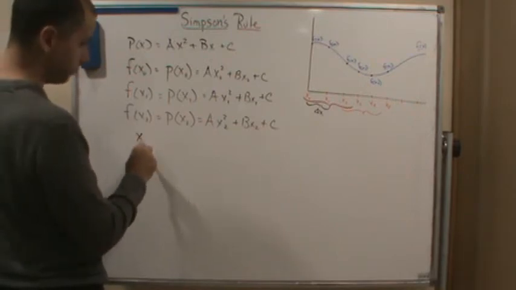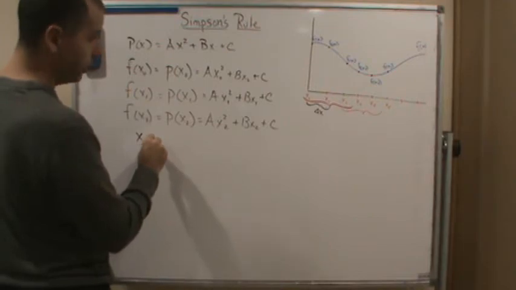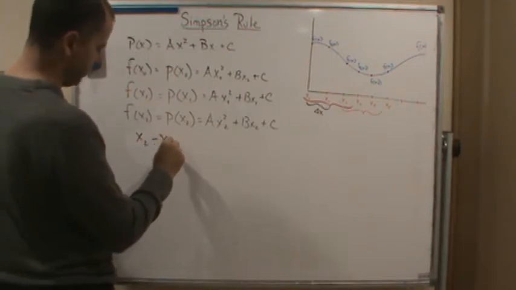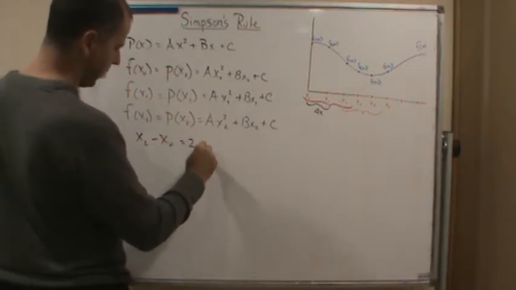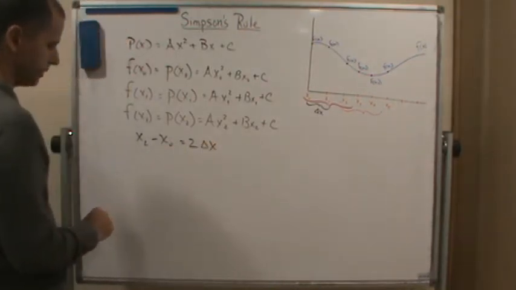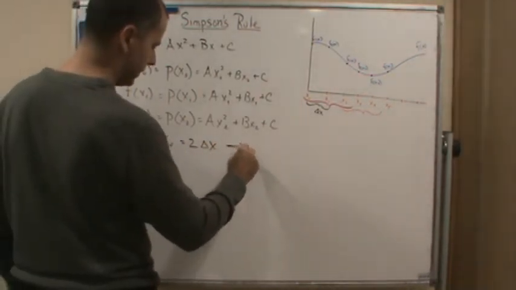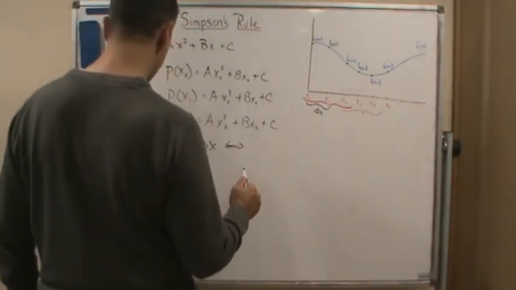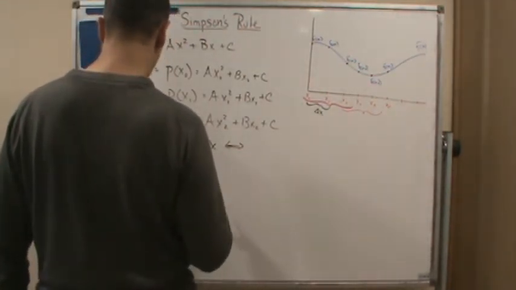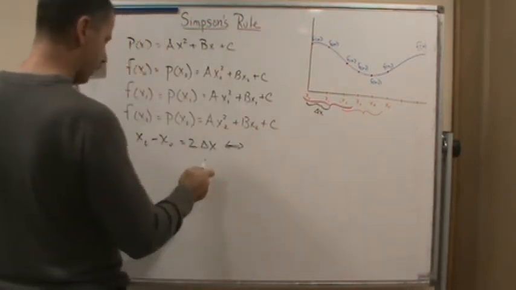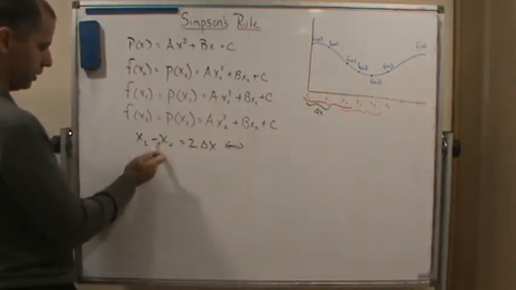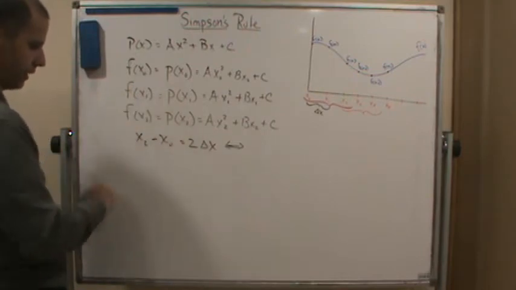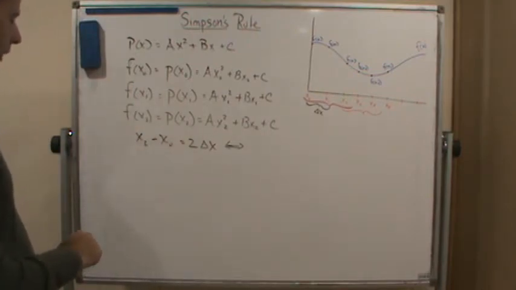So x2 minus x0 equals 2 times delta x, which is equivalent to saying that delta x is equal to this distance divided by 2.